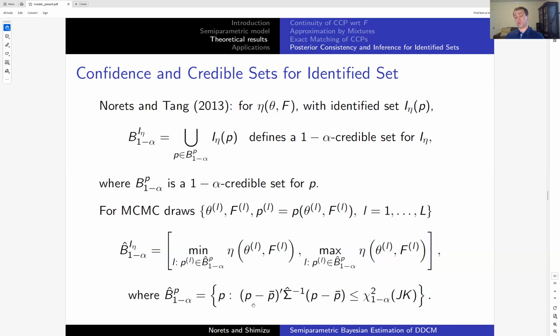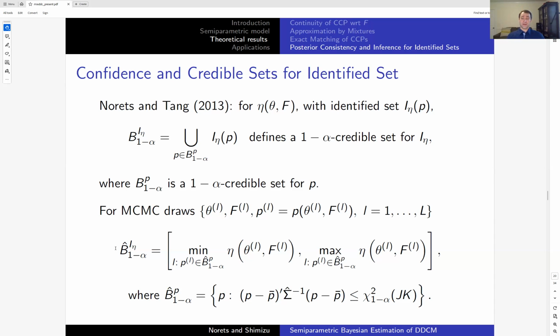So we just use normal approximation to construct a credible and confidence set on the reduced form parameter p, and then we take all the values of theta and f that result in p in this credible confidence set. That's going to be our approximation for the union, the credible set for the identified set on eta.